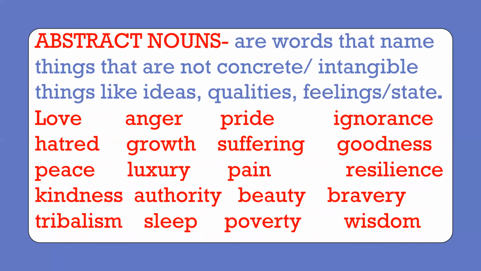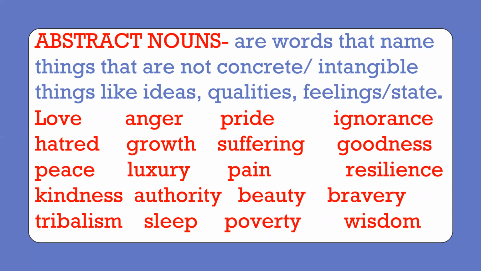All right. Then from there, we are looking at abstract nouns. How do we define abstract nouns? These are words that name things that are not concrete, things that are intangible. We are talking about ideas, qualities, attributes, feelings, or a certain state.